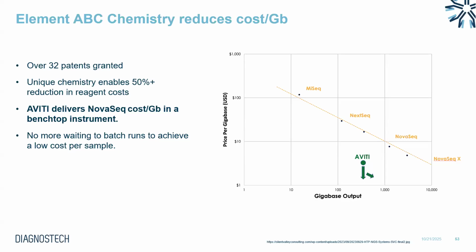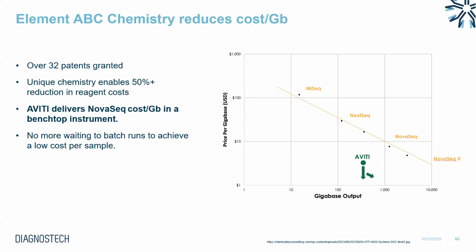So sometimes the high throughput is not just a feature, but it creates problems for smaller labs. We noticed that in the local market, there was a need for a medium throughput sequencer that can deliver running costs similar to production scale or ultra high throughput instruments such as the NovaSeq. And that's really where AVITI fits in.